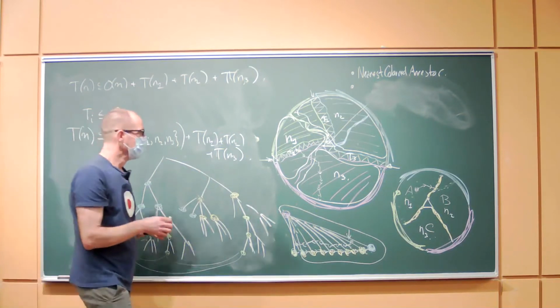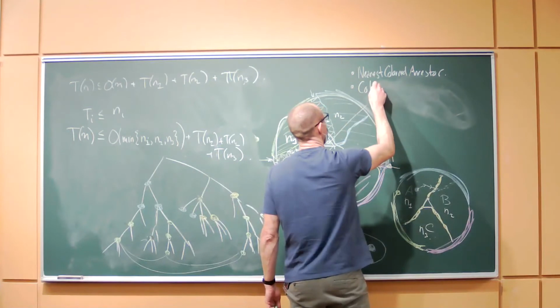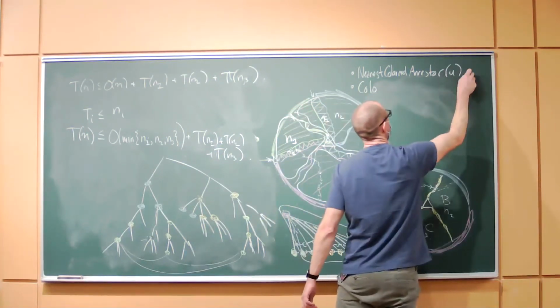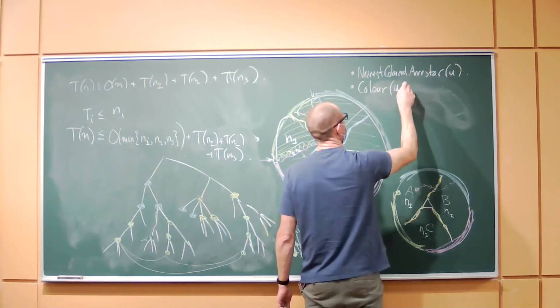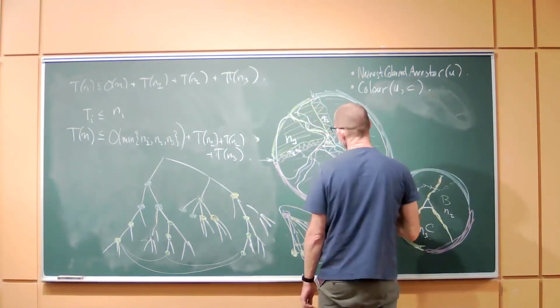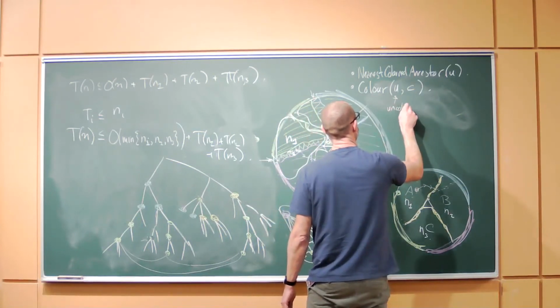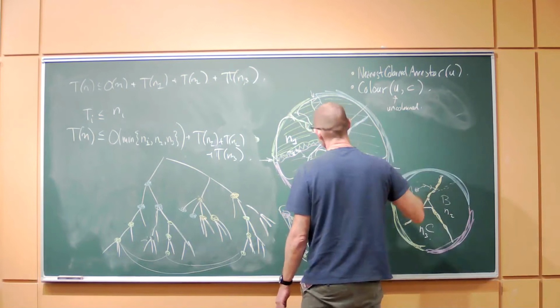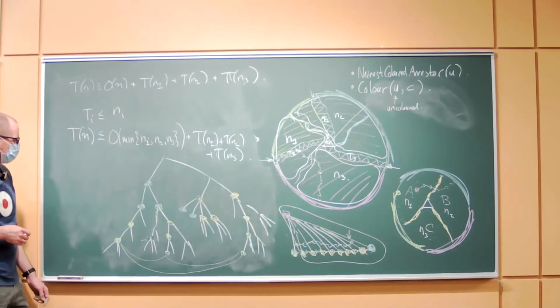Okay. So you want to know your nearest colored ancestor, and you want to be able to color a node. This one takes a node as an argument, and this one takes a node and the color you want to give it. And this thing is uncolored to begin with. You're not allowed to recolor it. It never happens in this algorithm. And so there you go.